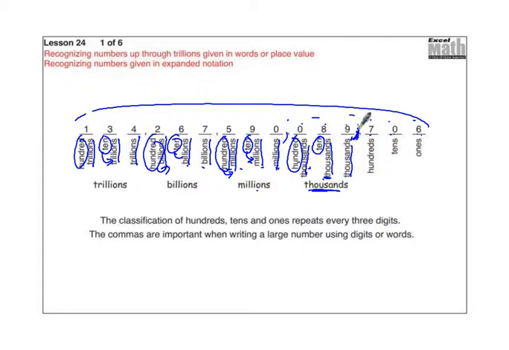Each set of 3 numbers between the commas is called a period. This is called the thousands period, the millions period, the billions period, and the trillions period. Of course, if you know the Rockin' the Standard song, place value rap, that's going to help you out a lot in memorizing your different place values.